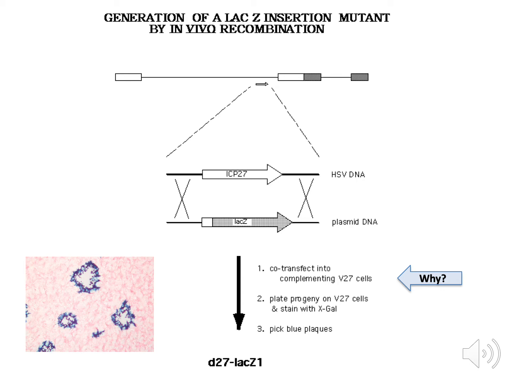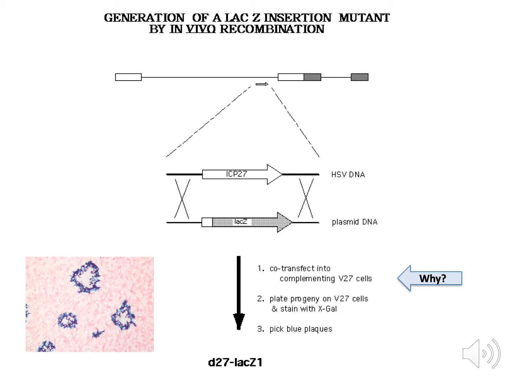So he needed to provide the ICP27 gene product in trans, right, in those cells. And so these cells express ICP27 from a different expression plasmid when they are infected with herpes viruses.